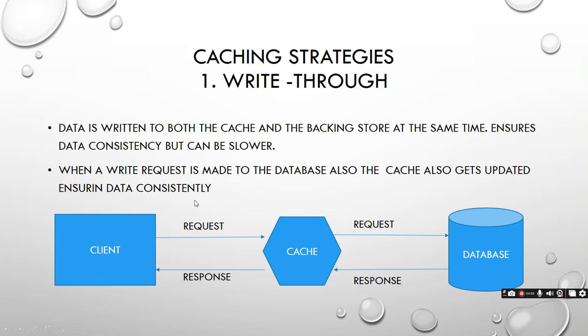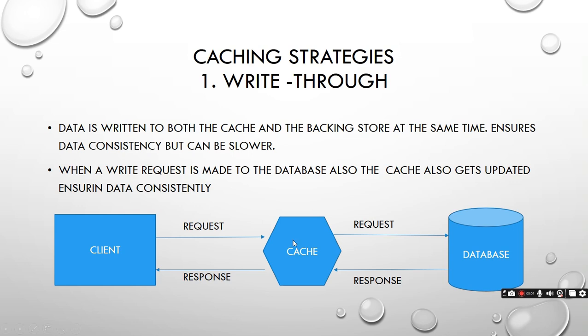So that is how the data is written into the cache. When a write request is made to the database, the cache also gets updated, ensuring that the data is consistent. That makes sure the data present in the cache and the data present in the database are similar, so you don't have conflicting data between the database and the cache. We're going to see in the next part how you can have inconsistencies in your data.